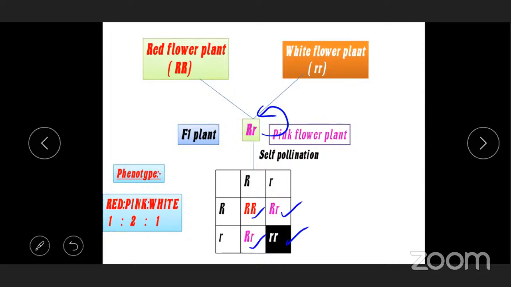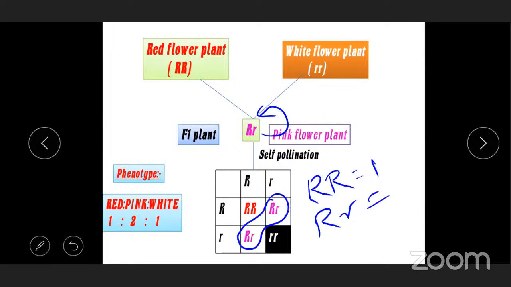Now, let us find out the genotype ratio in this situation. How many capital R capital R are there? Homozygous red: only one. How many capital R small r are there? Two. That is nothing but heterozygous pink. How many small r small r are there?